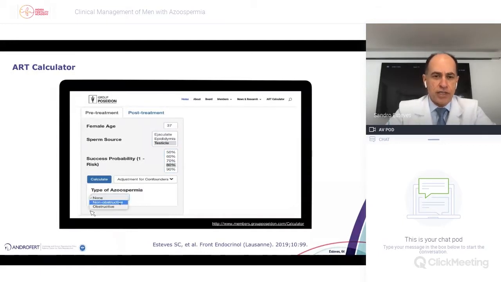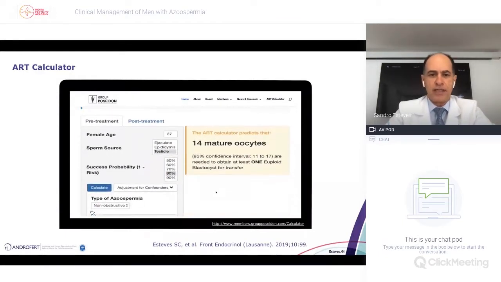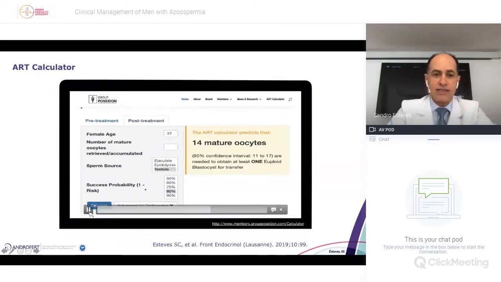The success probability of the estimation can be set by the user, and then you need to adjust for the confounders, which could be non-obstructive azoospermia, obstructive azoospermia, or none. And the calculator will provide an estimation of the number of mature oocytes with the 95% confidence interval, in this case 11 to 17, needed to obtain at least one euploid blastocyst for transfer.